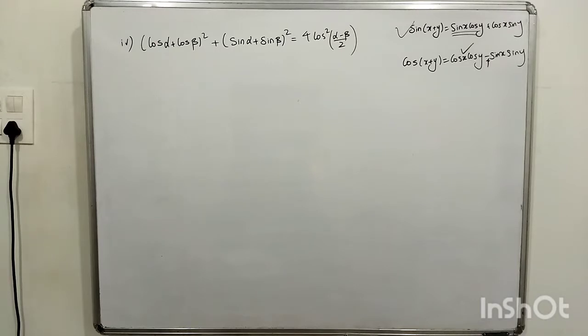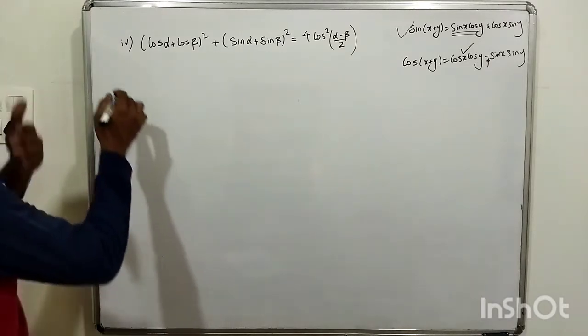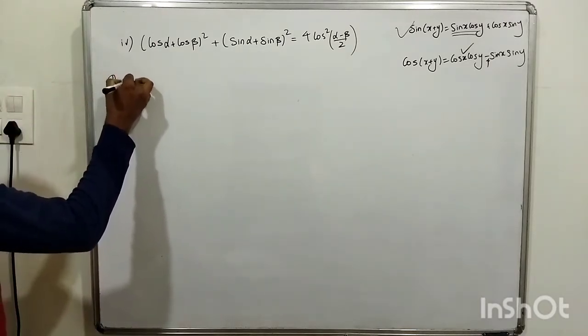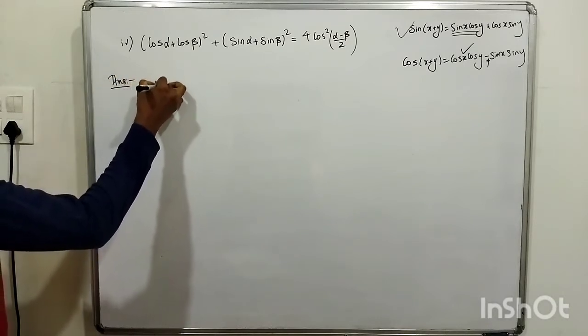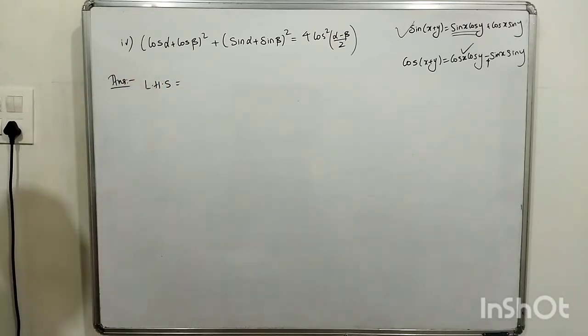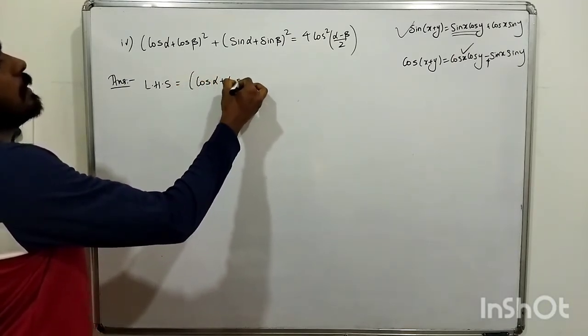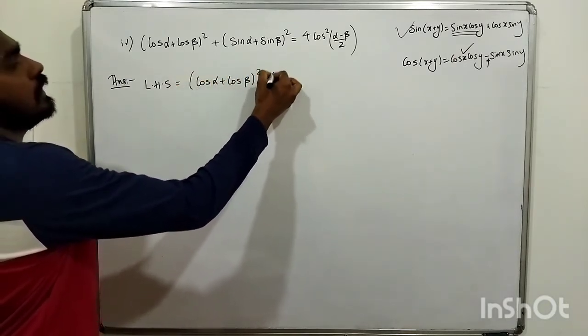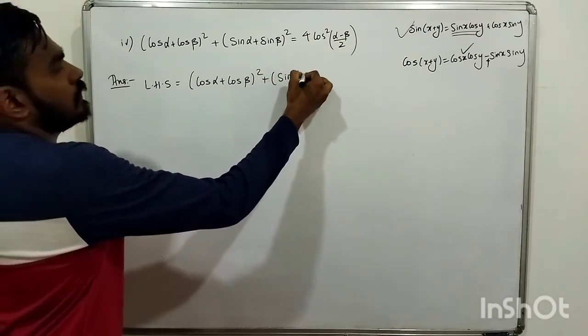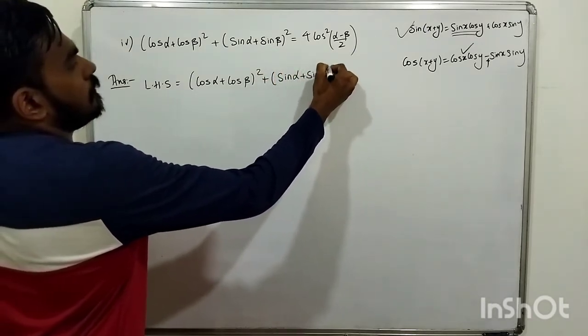So again, left hand side, you have to take LHS. First, (cos alpha plus cos beta) square plus (sin alpha plus sin beta) square.